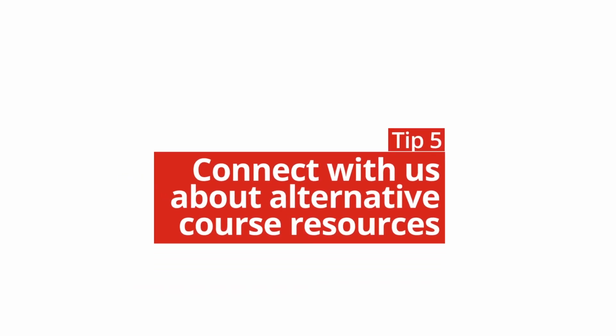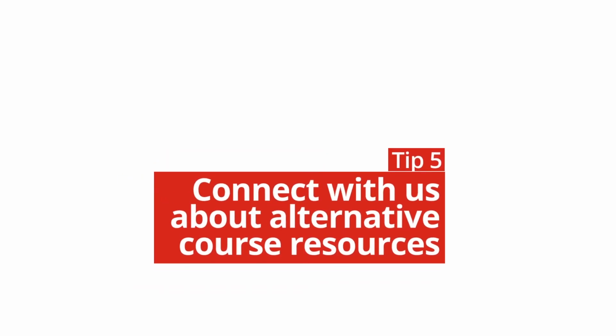Finally, connect with us for more information about alternatives to copyrighted course resources. As the subject expert, you're best in determining which resources would be relevant for your course. However, if you're not sure how to start searching, your liaison librarians can point you in the right direction. We can help by showing you resources in your subject area and also share tips on navigating them.